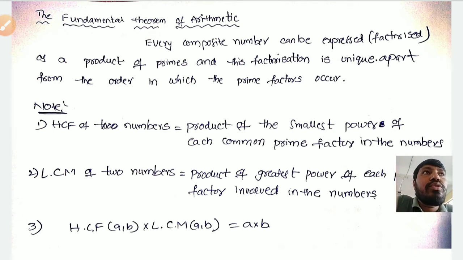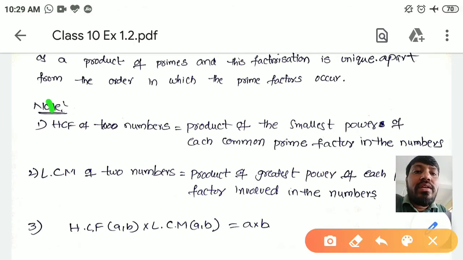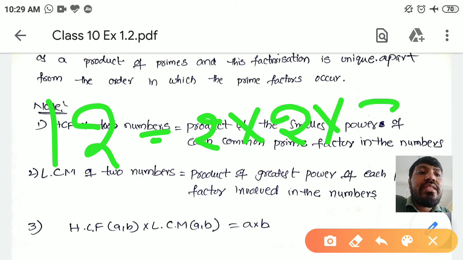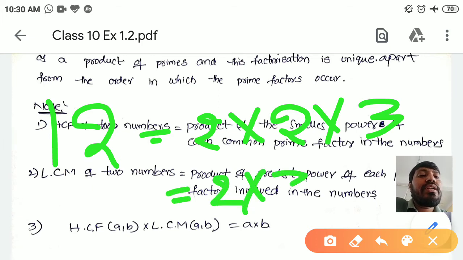Suppose we take the number 12 as an example. The number 12 can be written as 2 into 2 into 3. This is unique apart from the order. That means you can write it as 2 into 3 into 2.